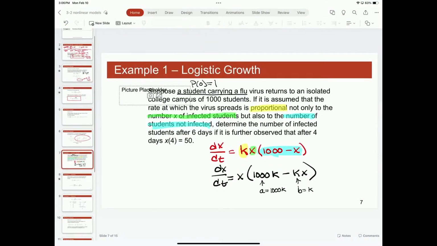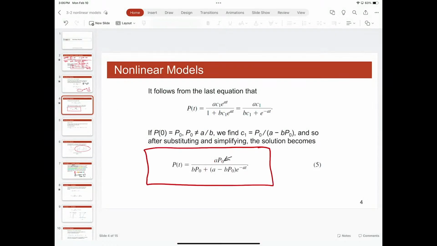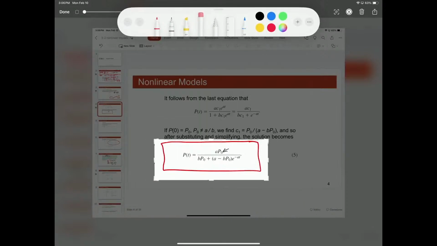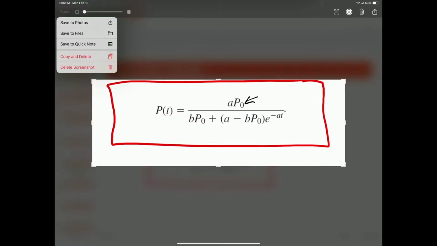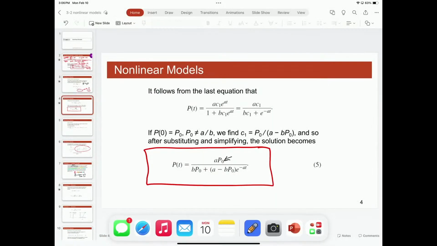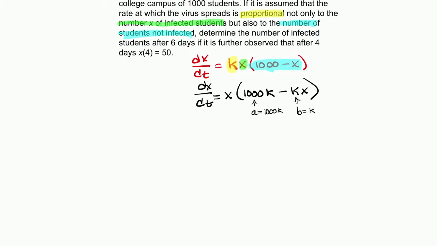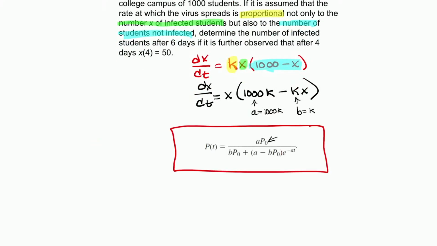Where is it? There it is. Let's grab this formula. Done, copy and delete. If I really needed this formula, I'd probably have to rederive it from scratch, to be honest. There we go.